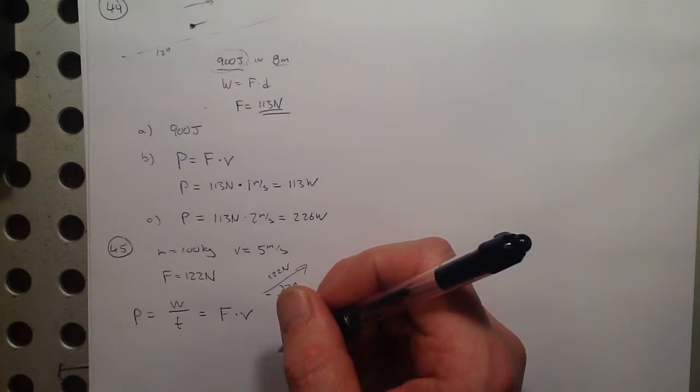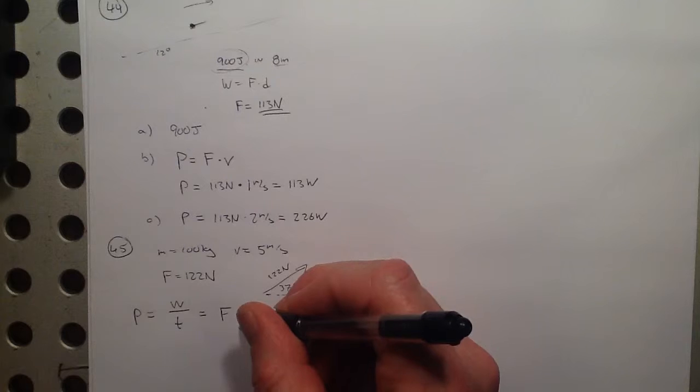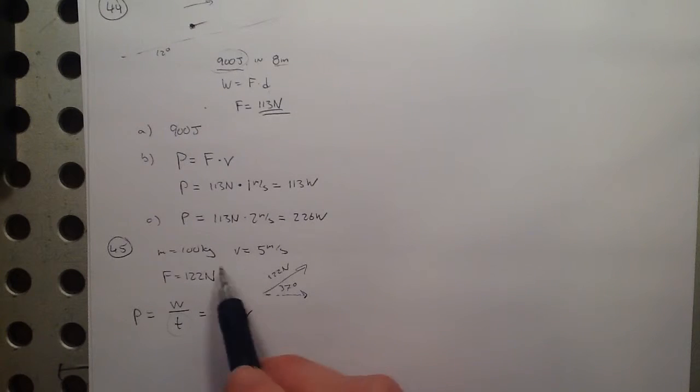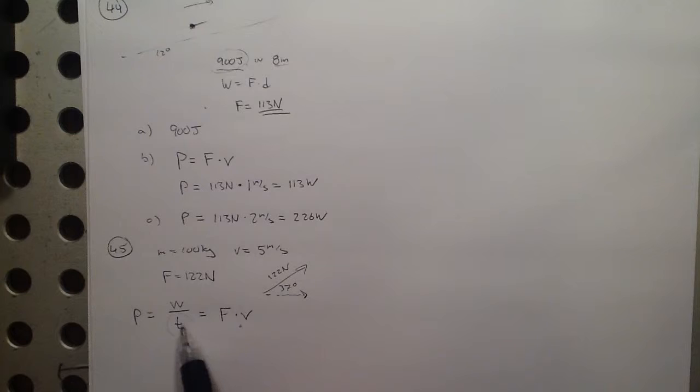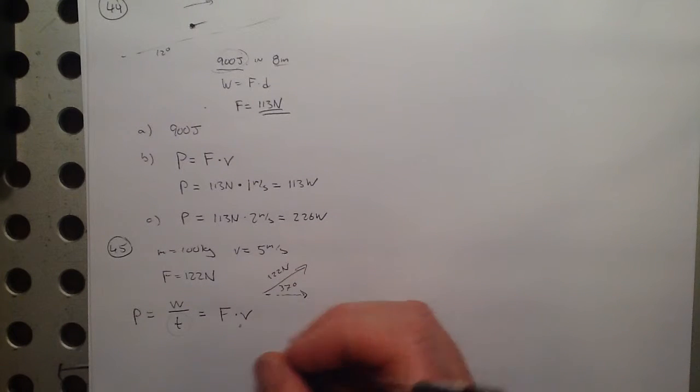We could do either one, but we'd probably have to do a little kinematics, although it wouldn't be very hard. Not even kinematics, just distance equals rate times time to figure out that time. But I think it's going to be easier for us here.